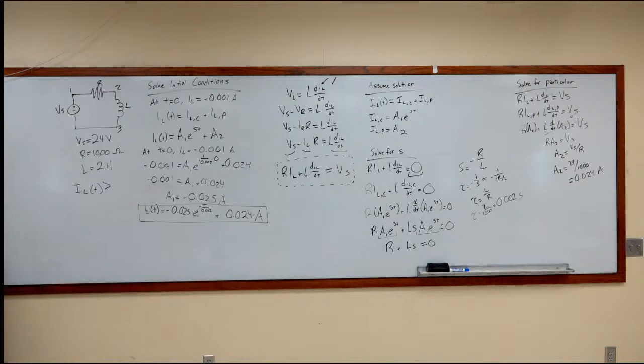Okay, now let's ask some questions. What does A1 mean here? Why is it negative 0.025? Why is it that way?